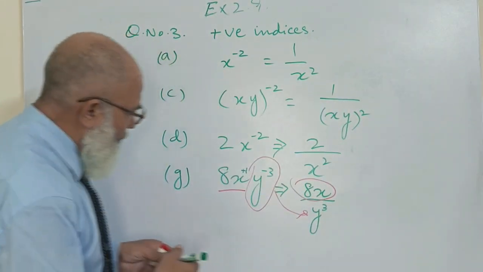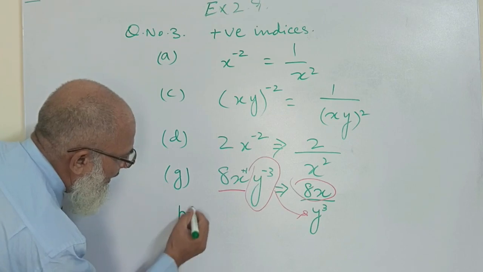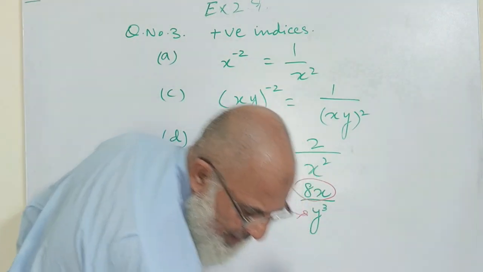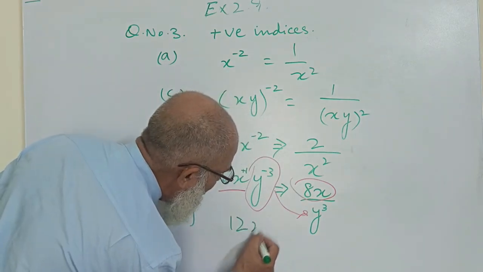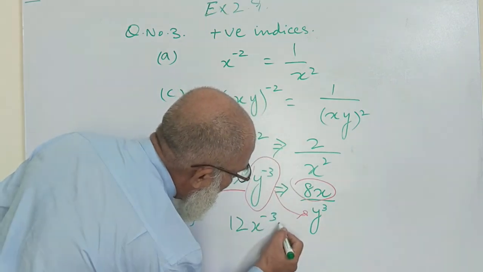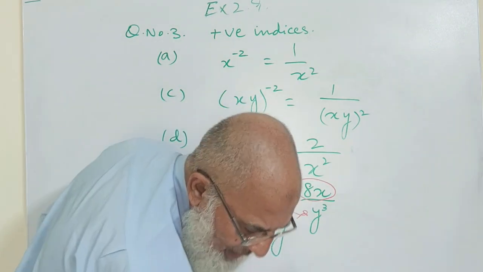Similarly, part H, the last part of this question number 3, is 12x minus 3, and y is minus 4. Now you see that x is with a minus sign over here, and y is again with a minus sign.